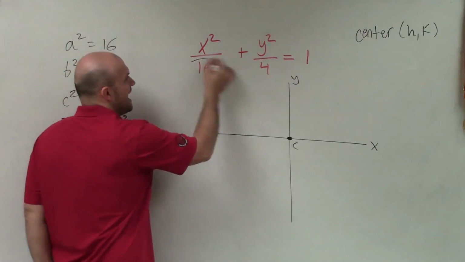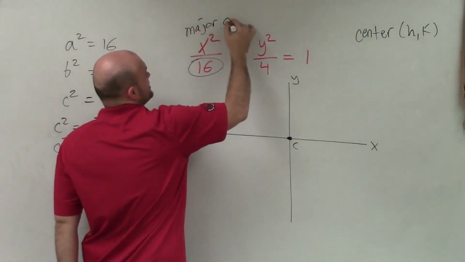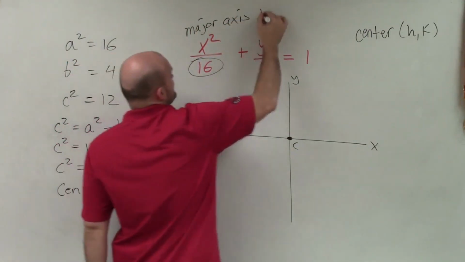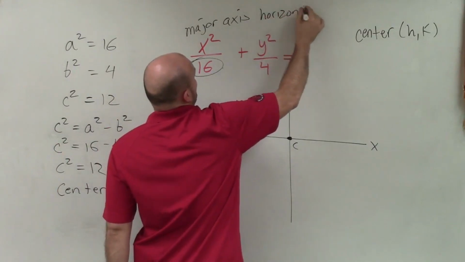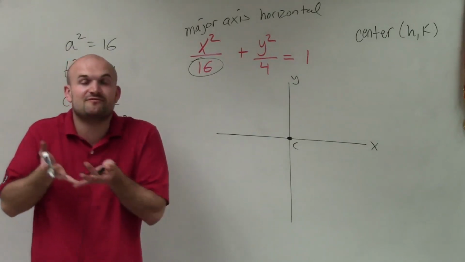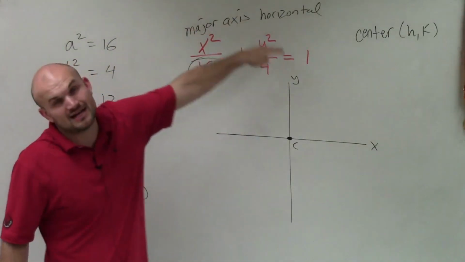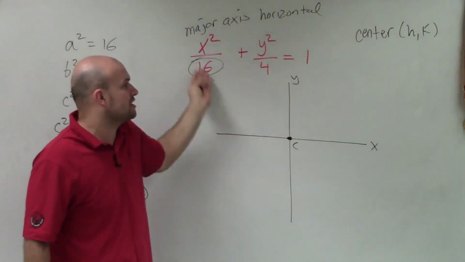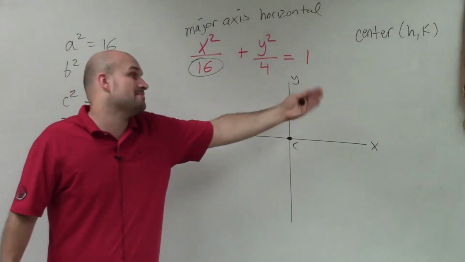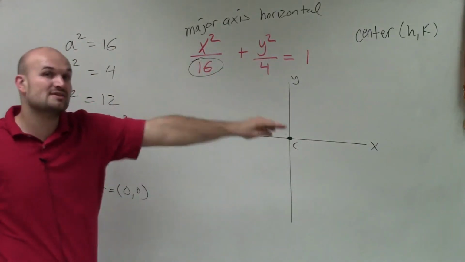And since my a is under the x squared, I can now say that my major axis is horizontal. To determine your major axis, it's always going to be which variable your a is under. So if my a was under the x, my major axis is horizontal. If the larger number 16 was under the y, then my major axis would be vertical. So since it's under the x, I have a horizontal major axis.